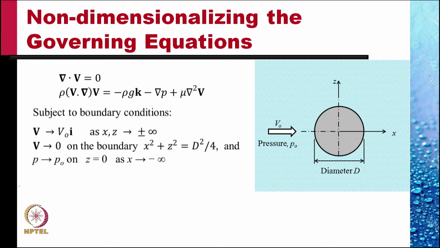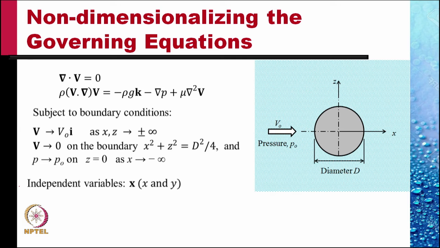So on this boundary, the velocity is 0. This is the no slip boundary condition. And the pressure far away as x tends to minus infinity, far away ahead of the cylinder at the center line, is p naught. In this problem, the independent variables are x and y.